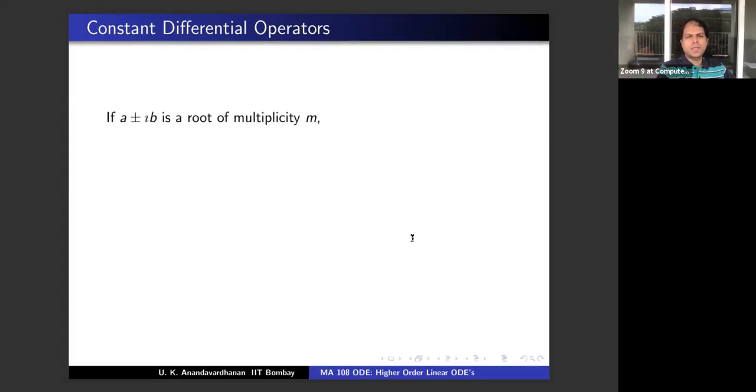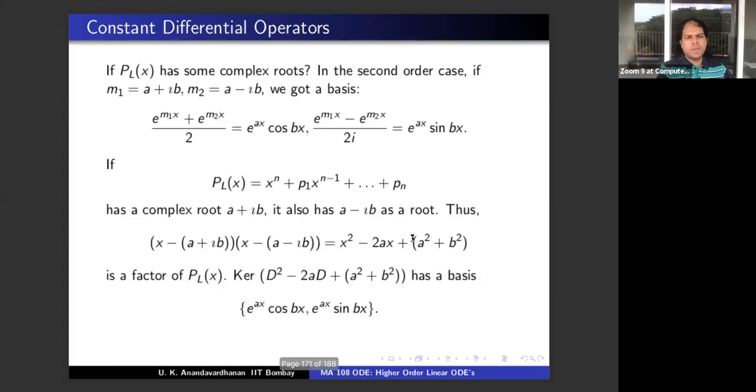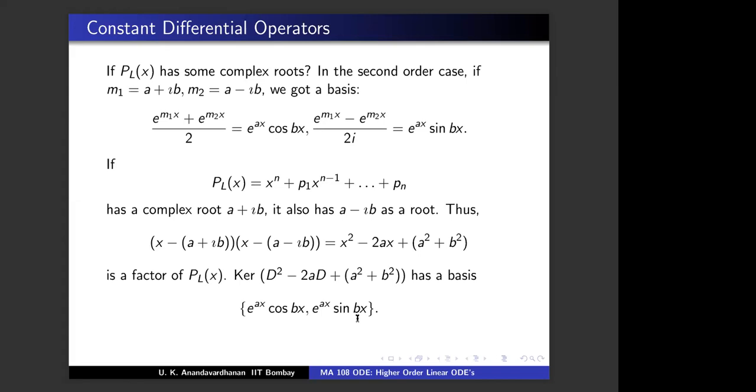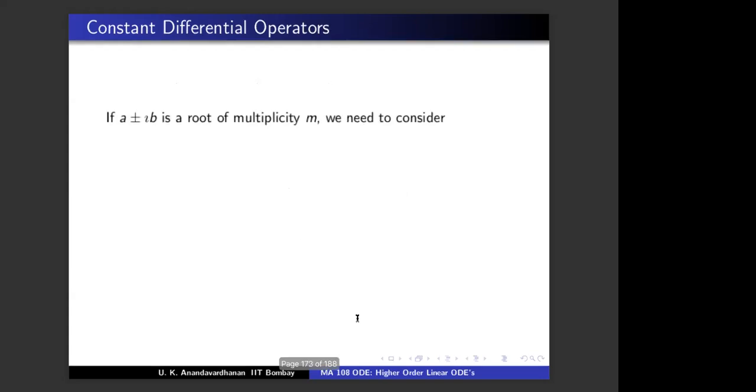And so if a plus ib has a multiplicity m, then how will you get it? What should be the strategy? If a plus ib comes twice, and if a minus ib also comes twice, first time you got e power ax cos bx and e power ax sin bx. How will you account for the repetition? What is the strategy? Multiply by x. Absolutely. Multiply by x.